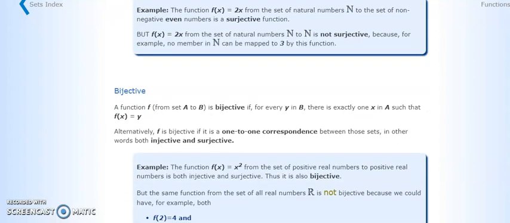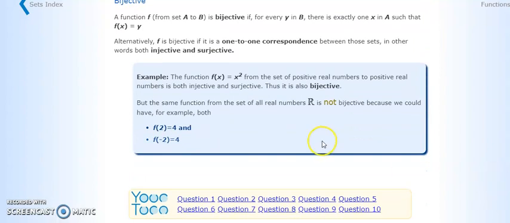So bijective means a function from set A to B is bijective if for every y in B there is exactly one x in A so that f(x) equals y. Means you have a set B here. From the set B you take one element. This is the element I have taken.